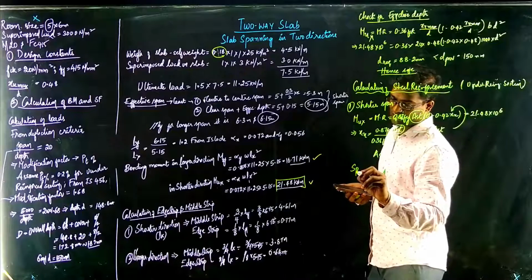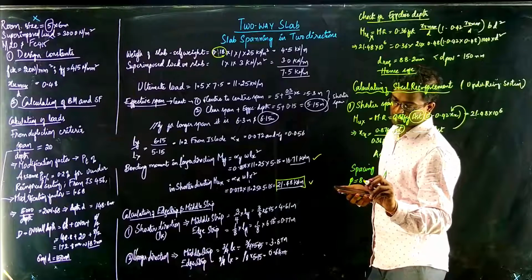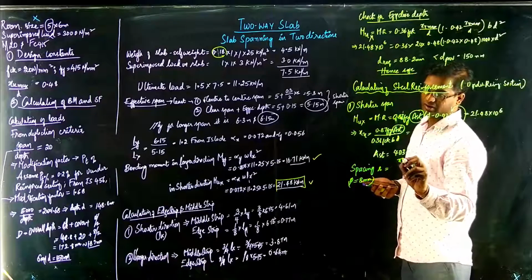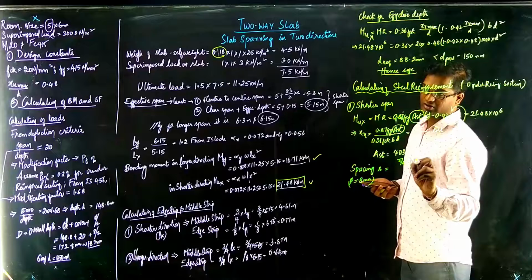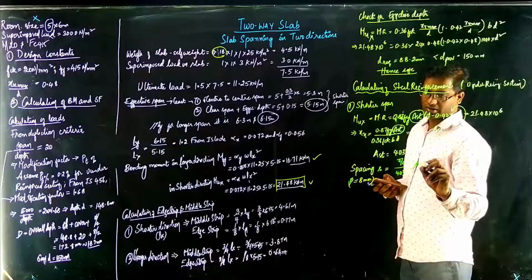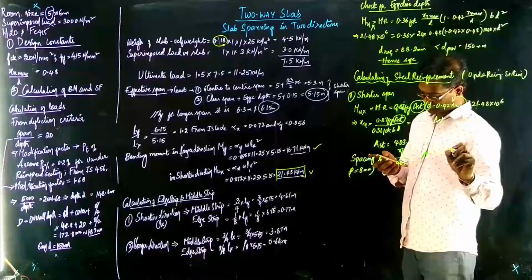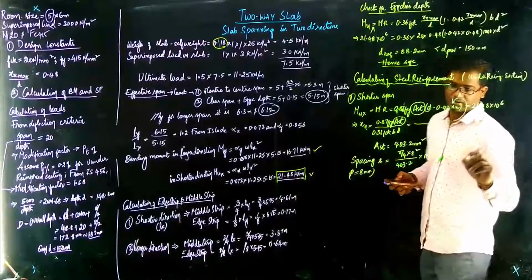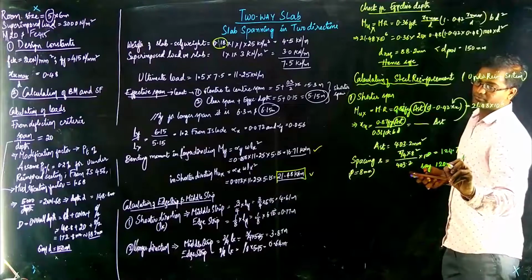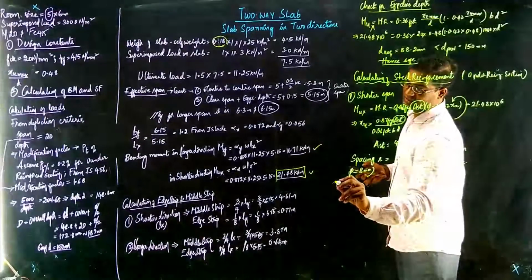Now spacing can be calculated as, I am assuming dia of bars as 8 mm. Now spacing is given by area of cross section divided by required area 403.2 multiplied by 1000. You will get spacing as 124.7 mm. Now let us say this as 120 mm. Right? Now write a statement.